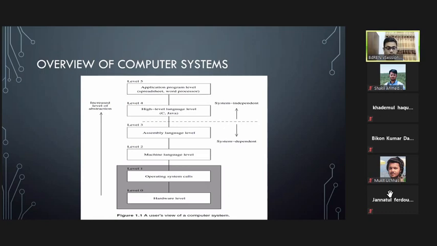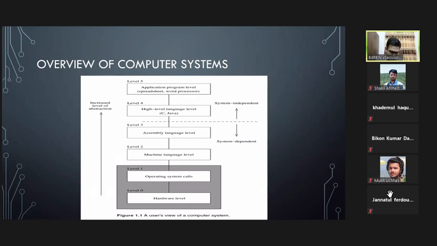For example, you may not be a software engineer. You will be a network engineer, or maybe a hardware specialist. Maybe an IT specialist. Maybe a telecommunication engineer. Whatever you are in the future, obviously, all the time, you must know about your system. So that's why we need this.